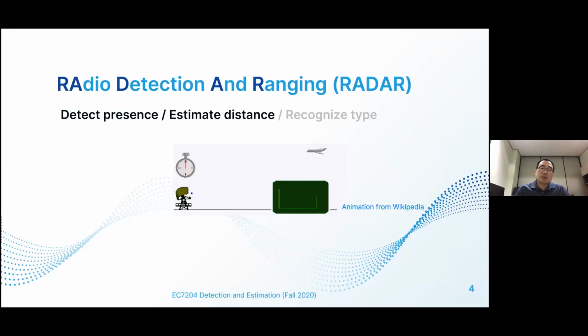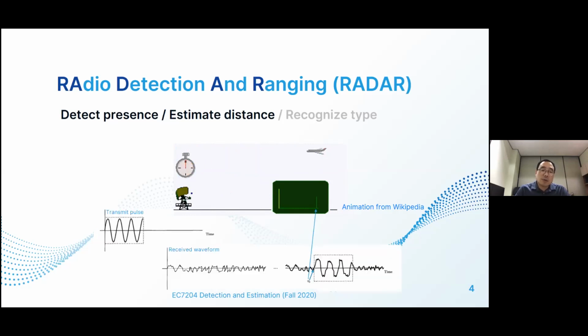A typical example of statistical signal processing is radar. This cartoon is from Wikipedia, and it illustrates a radar transmitting a pulse and then monitoring the reflected signals. The transmitted pulse is designed, so it is known, and we wait to see whether it comes back or not. The received waveform at the bottom generally includes some noise.